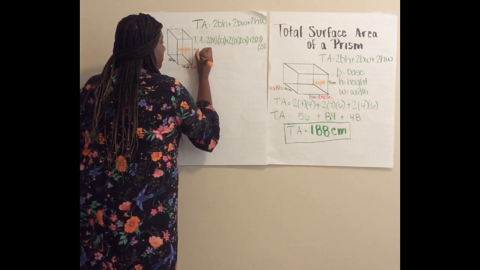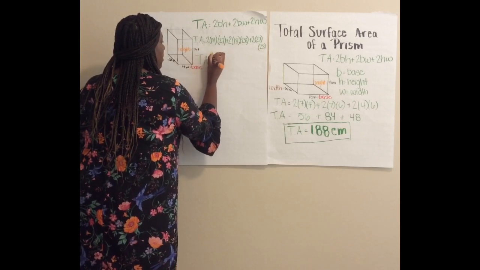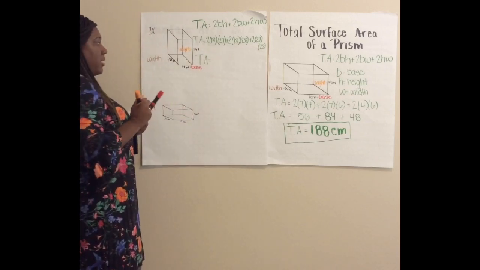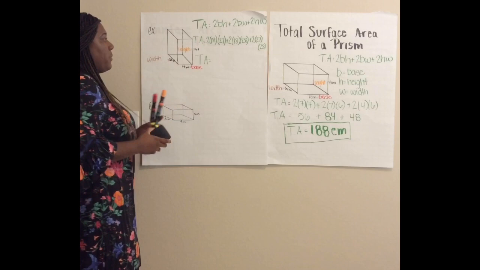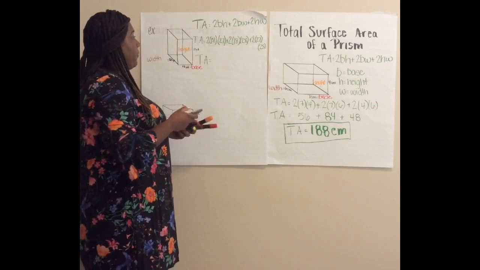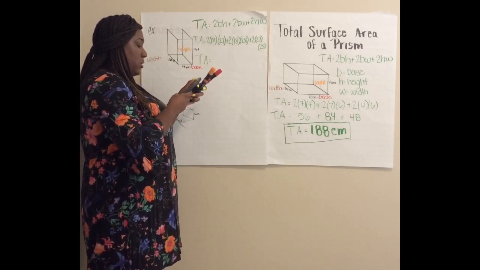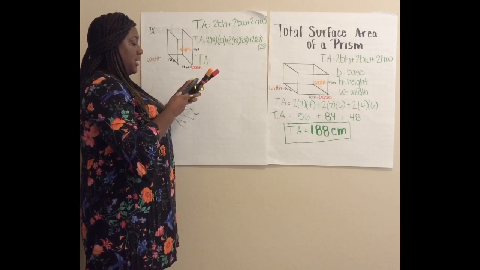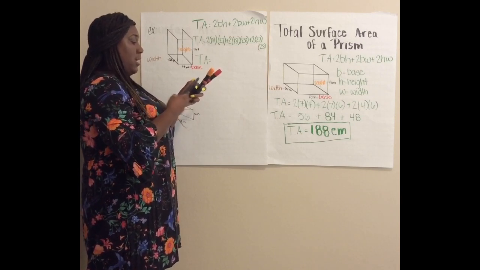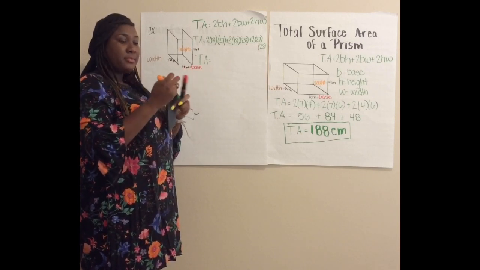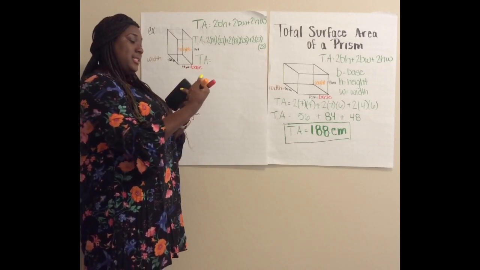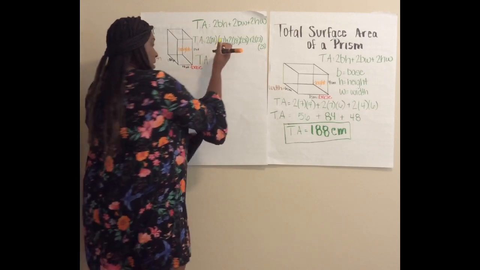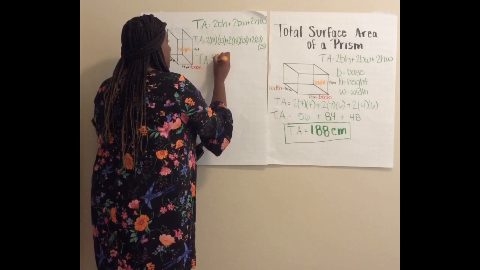So now, let's take our calculator and we're going to multiply piece by piece. So we're going to take that first piece. We're going to do 2 times 18 times 27. Let's see. Did you get what I got? I got 972.